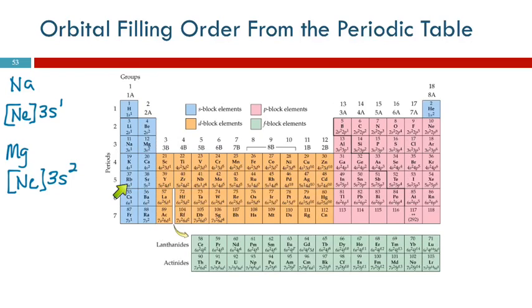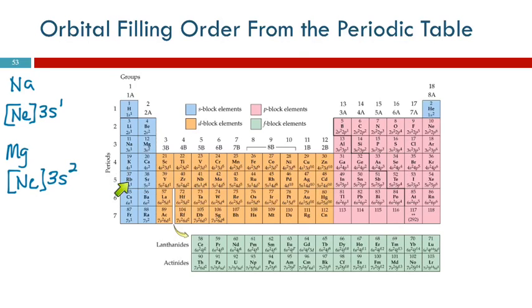What would rubidium be? Are we always using neon? No. You're using the previous noble gas, the closest one. Both of these are just a little bit past neon. So what if we did rubidium? It'd be krypton. For the noble gas shorthand, you're looking at what's the previous noble gas.